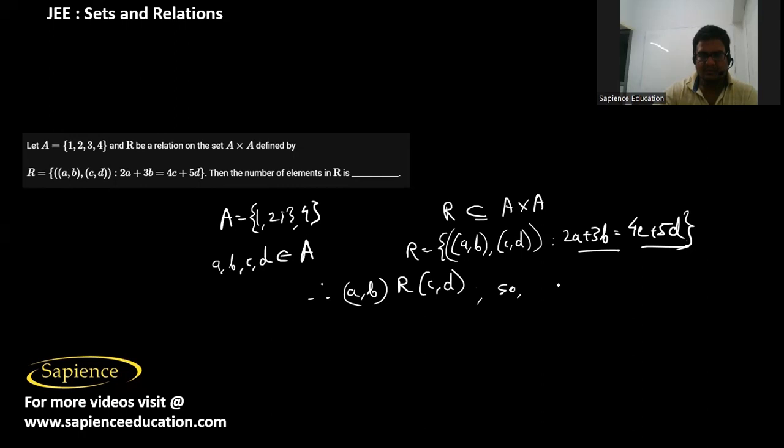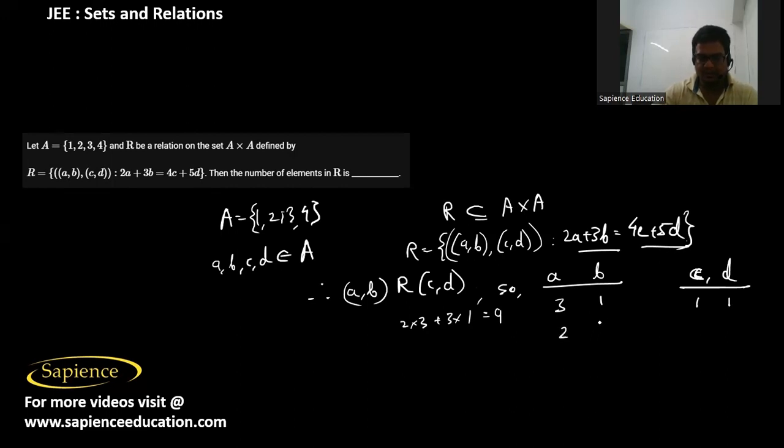So therefore, if we take a and b and c and d, what should we take? Let's say we take (a, b) as (3, 1). Then 2 into 3 plus 3 into 1, that is 6 plus 3, that is 9. And 4 plus 5 is also 9. So I can take (c, d) as (1, 1).